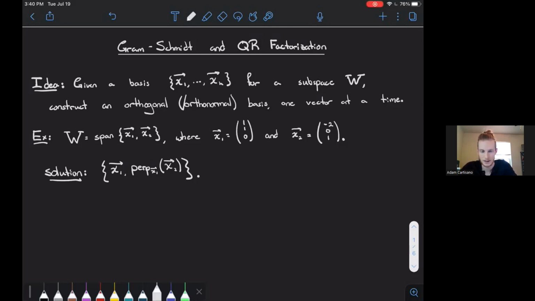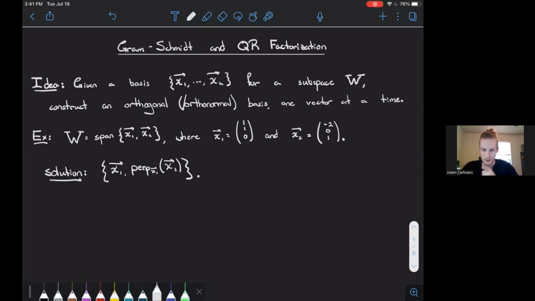And even if we did, the only strategy that we have for finding an orthogonal basis is to solve some gnarly system of equations and hope for the best and kind of patch it together. So this is going to resolve that issue, we're going to put the final nail in the coffin.